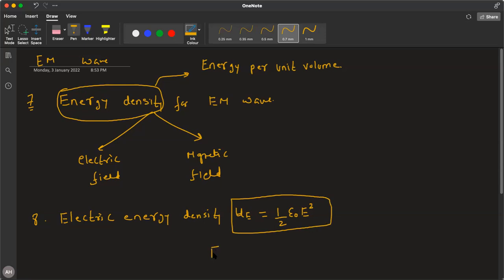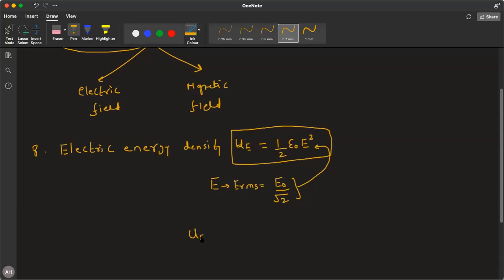And remember, here E means E RMS. Does anyone remember the relation between the RMS value and the peak value? E RMS is E naught by root 2, or 0.707. So instead of this E, you can substitute E naught.